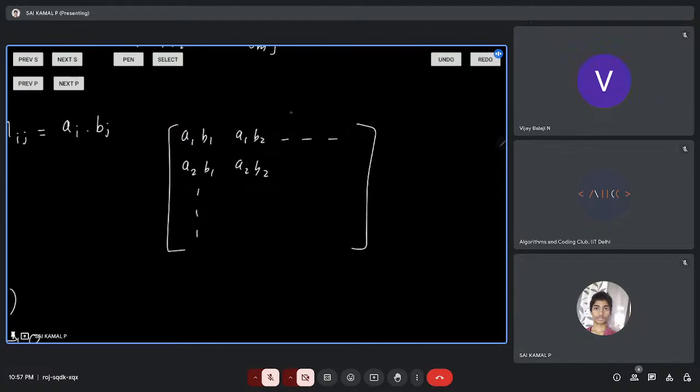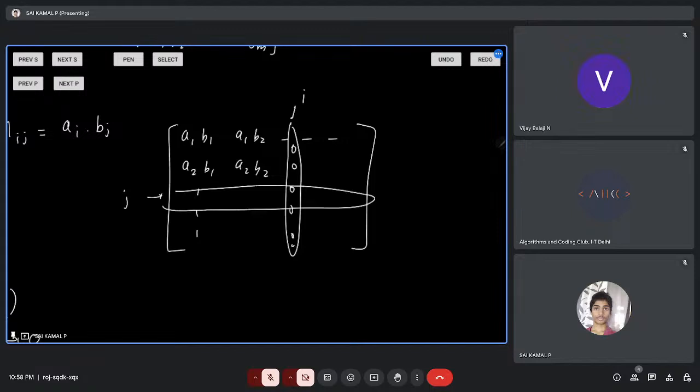So you pick the ith row from here and the jth column from here, take all elements of this row and put them equal to 0, and take the jth column elements and put them equal to 0. So essentially there is an intersection uniquely, and that will also become 0.